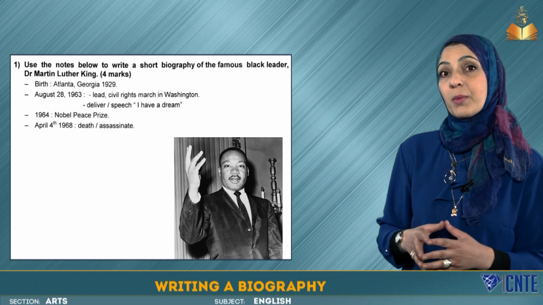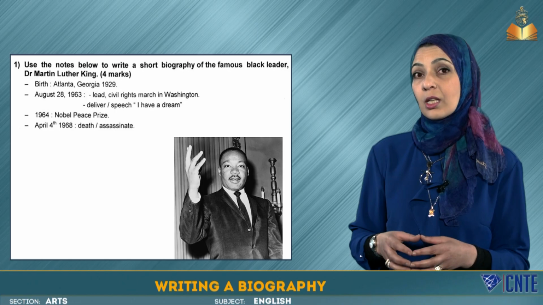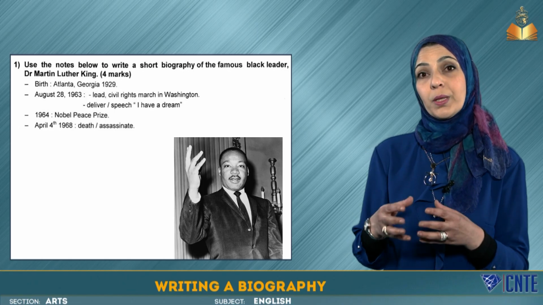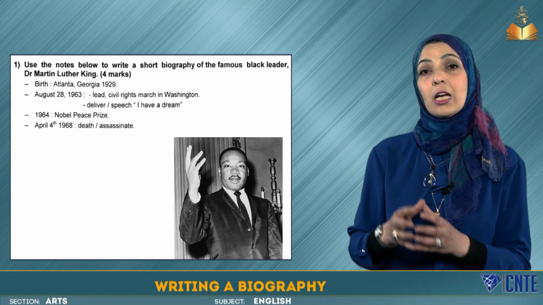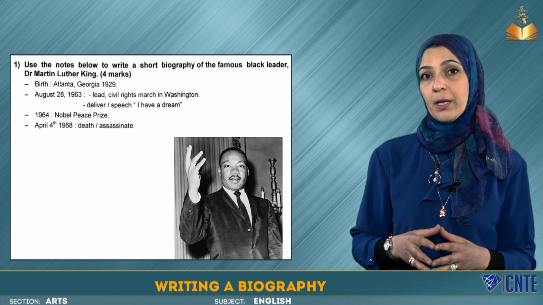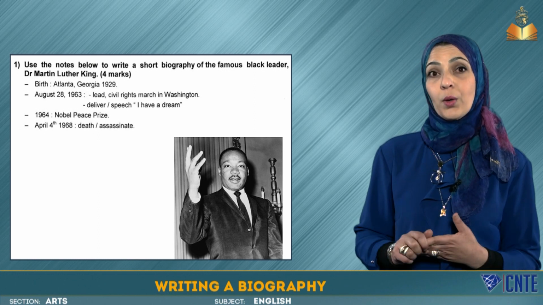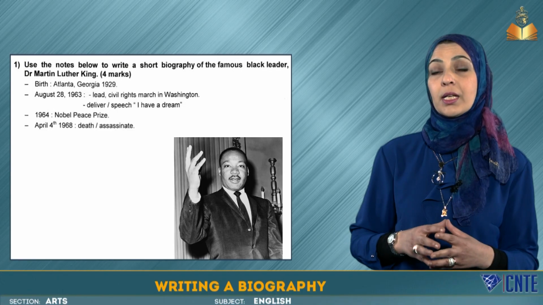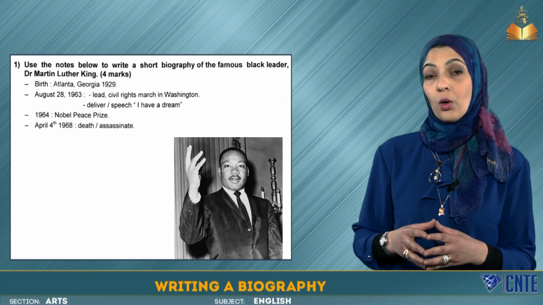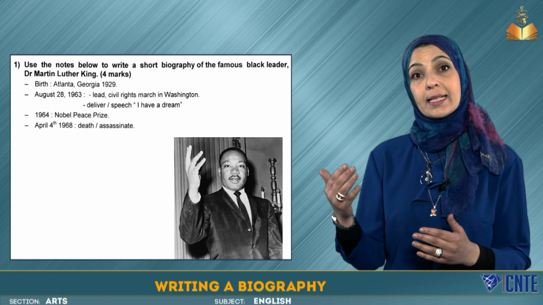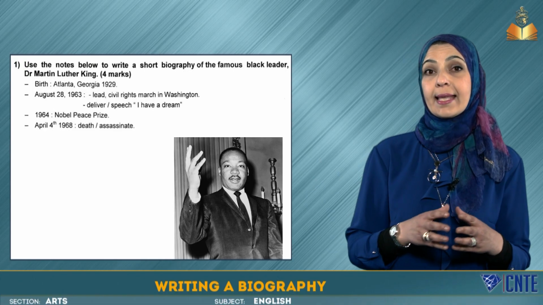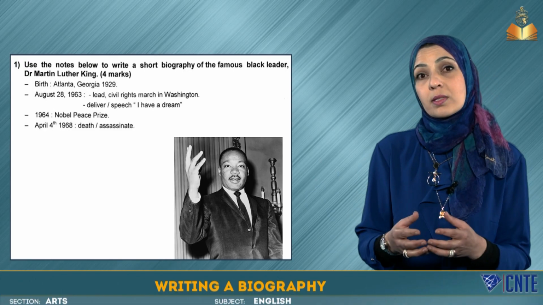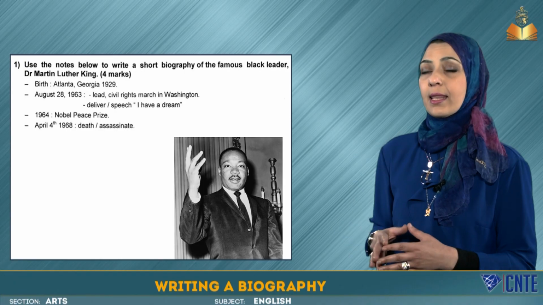So the piece of information provided in the instruction can be useful to build an appropriate profile of the person you will be writing about. Therefore, we can infer or conclude that Dr. Martin Luther King was an activist acting against racism. And this idea will be reinforced after reading all the hints that follow.